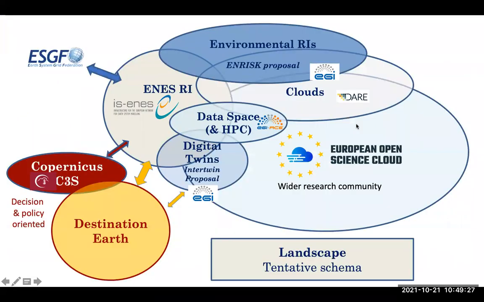So the landscape is a bit complex. This is my last slide before the conclusion, and I've tried to gather that in a tentative schema. So we have the INES research infrastructure now under EasyNES, and we plan for a sustained research infrastructure beyond the European funded project.